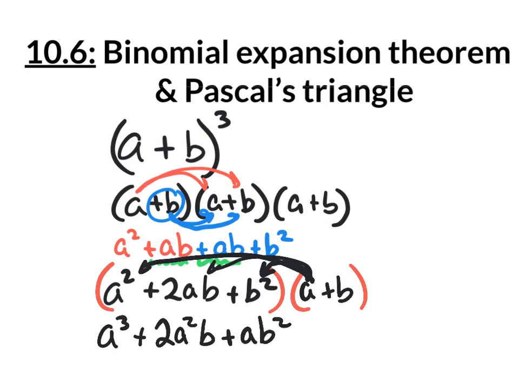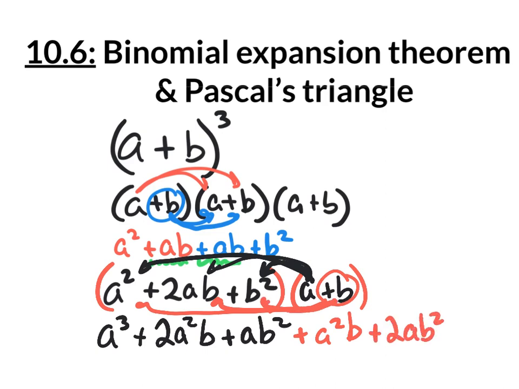And then we have to distribute the b. So let's take the b right here and distribute it. b times a squared, that's going to be a positive a squared b. And then how about b times 2ab? That's going to be a positive 2ab squared. And b times b squared, that is b to the third. Now we still need to combine any terms that we could.